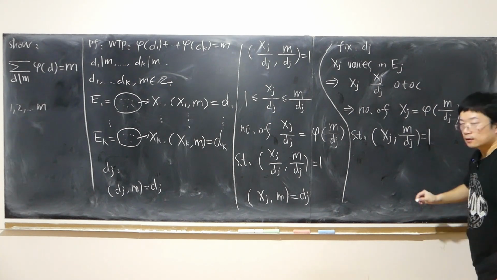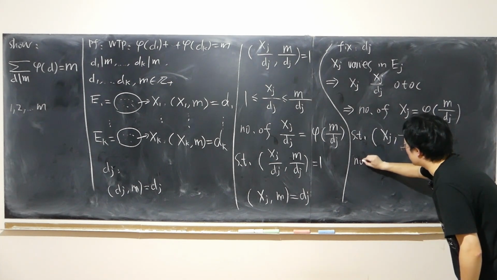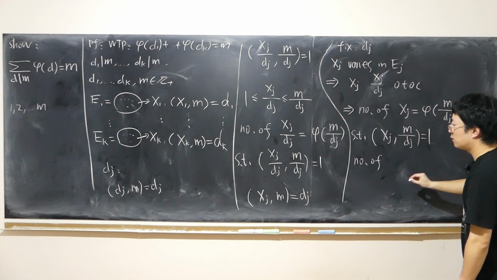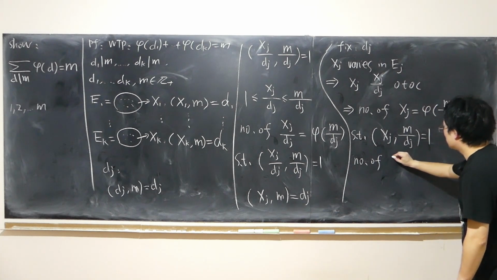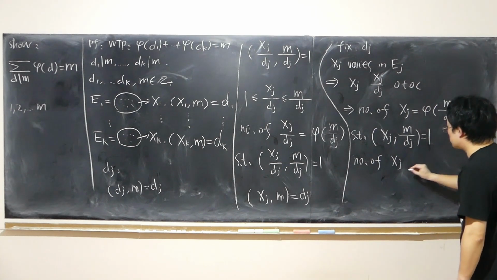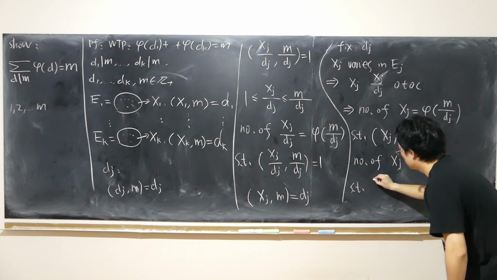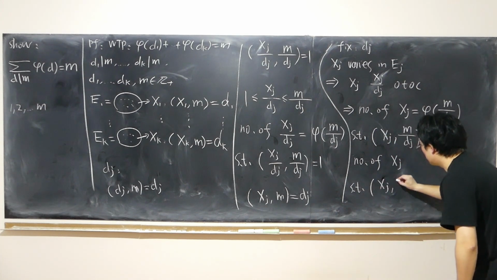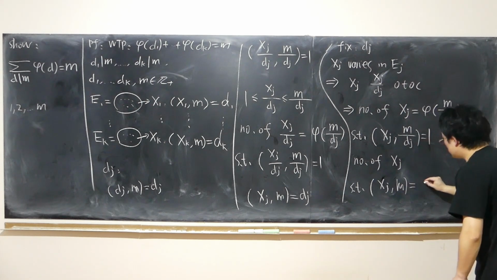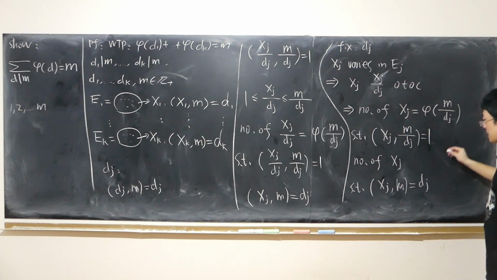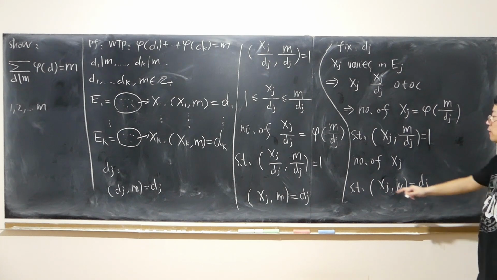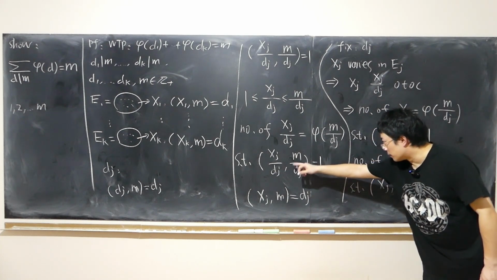And also, have a look at the number of xj so that the GCD between xj and m is dj. How many are there? So this is after I divide by dj.